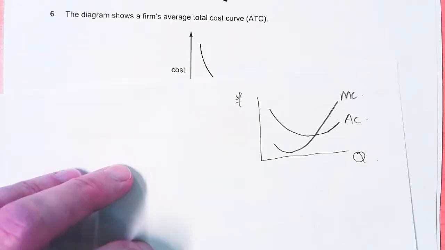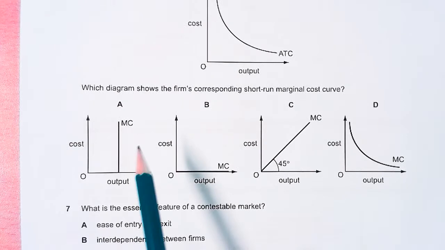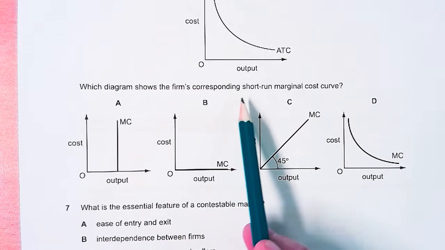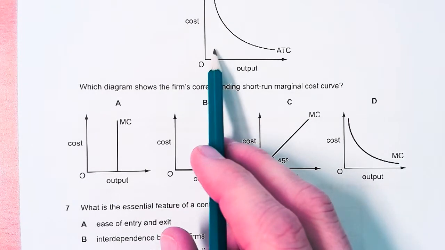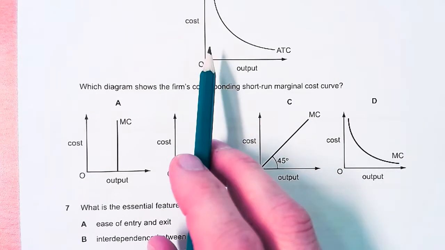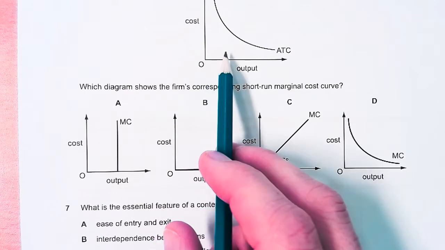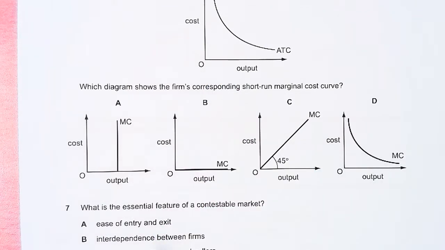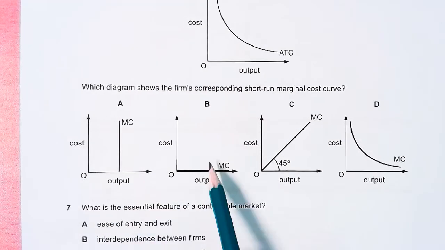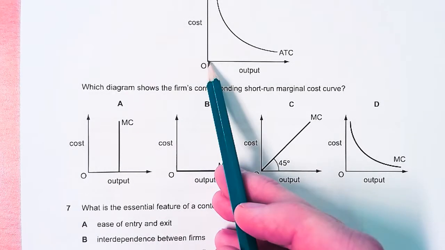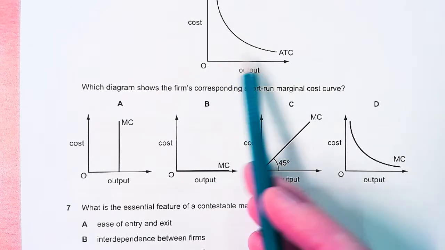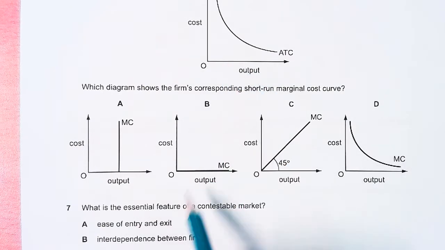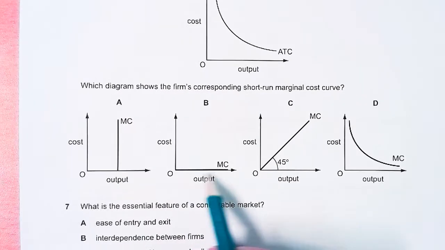So which diagram shows the firm's corresponding short-run marginal cost curve? Well, from the shape of this, we can see the marginal cost must be below the average total cost curve. So is it A? Well, no, it's not A. Is it B? Well, yes, B does go at a 0 rate. We don't know whether this is long run. It probably is, but we can't necessarily be sure, but this is certainly the short run outcome.